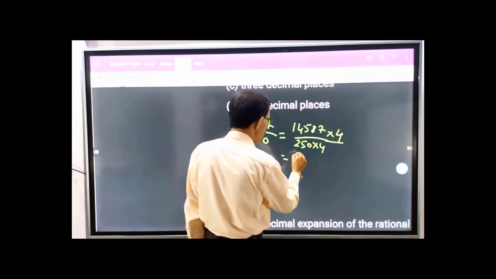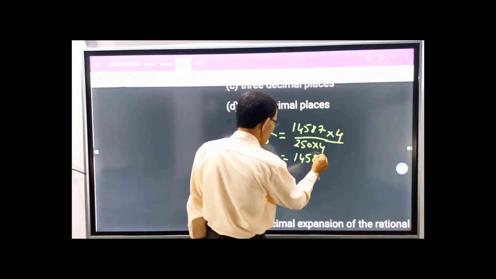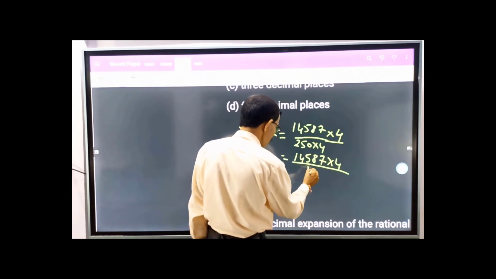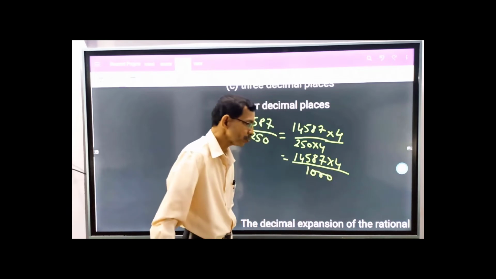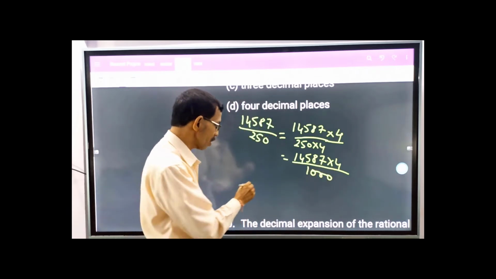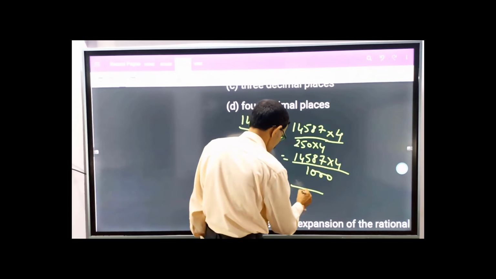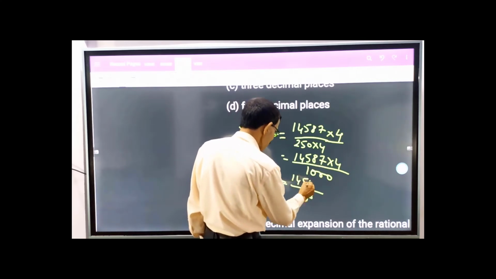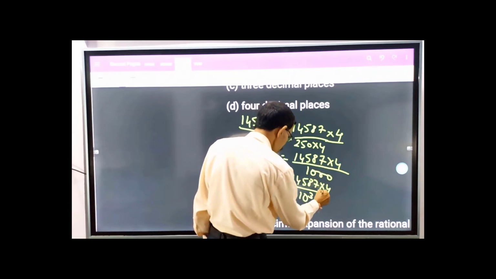So this will be 14587 into 4 divided by 1000. Now this is of the form 10 raised to 3.